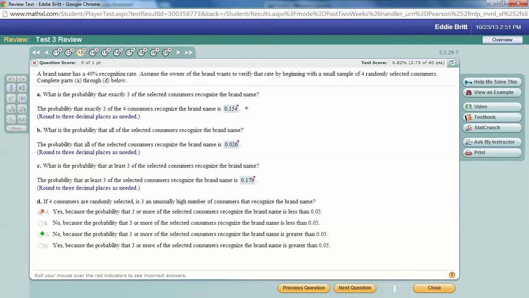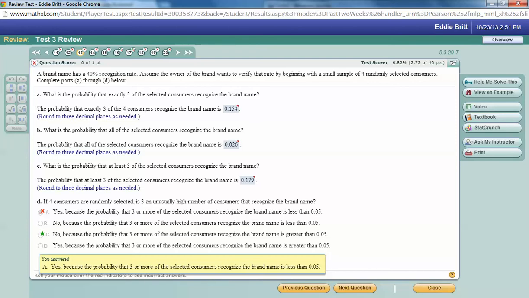So is that an unusual probability? No, because that's 15.4%. Remember, unusual would be less than 5%, or less than 0.05. So we have here no, because the probability of 3 or more of the selected customers recognizing the brand is greater than 0.05.